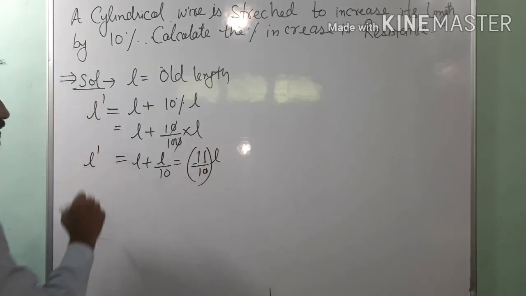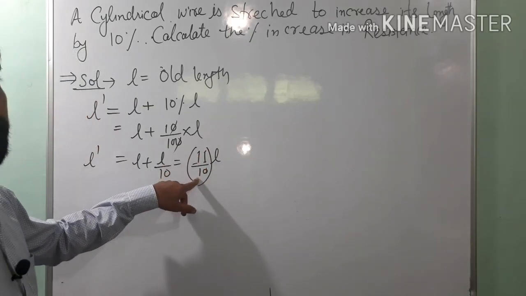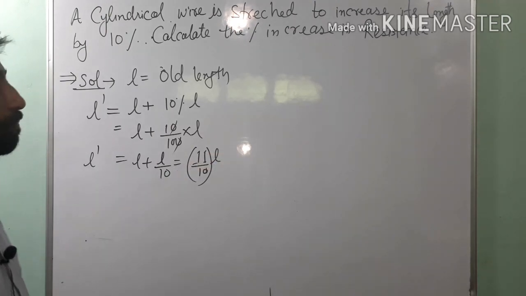So new length is 11 upon 10 times of the previous length.